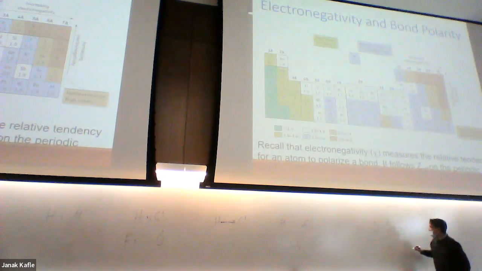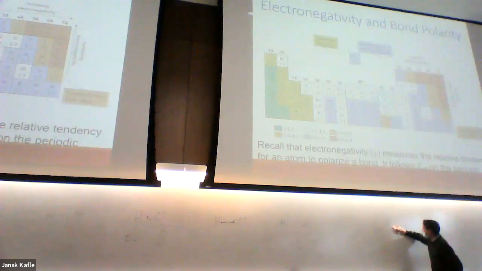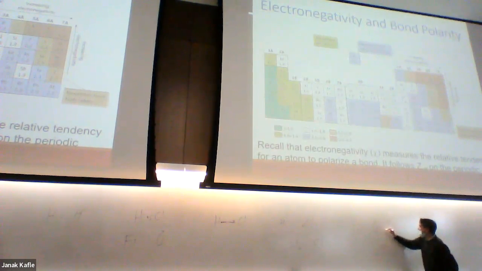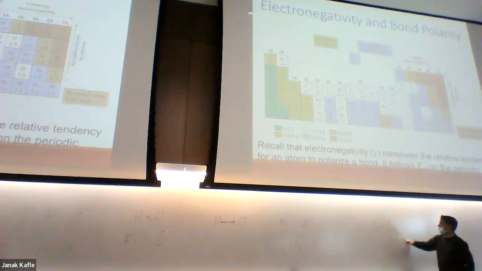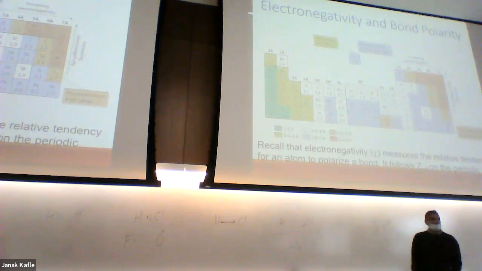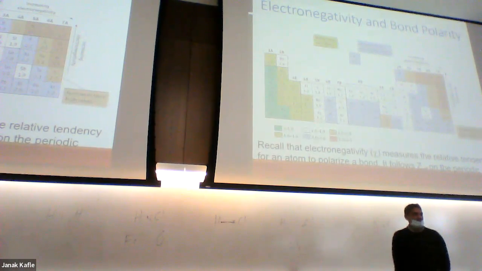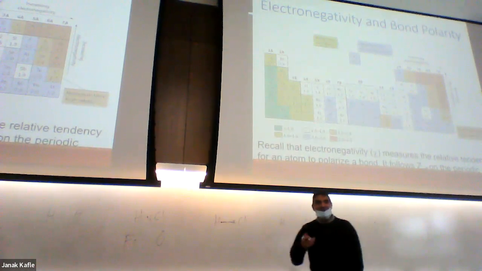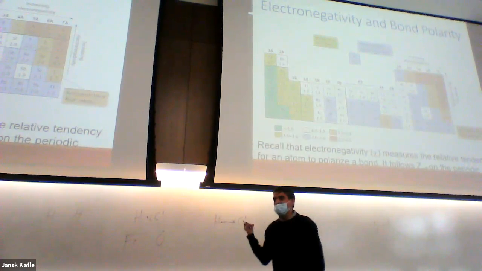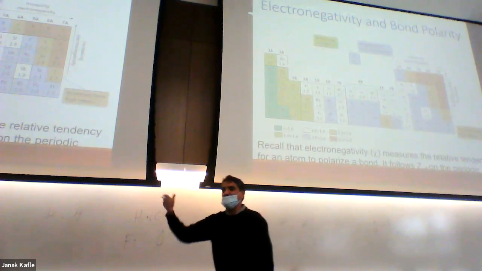Why that happens is because the shared pair of electrons here doesn't sit exactly at the middle, it doesn't sit toward hydrogen, it sits close toward oxygen. Same here, these negative charges sit close toward oxygen. So this has a tiny minus, this has a tiny plus. Everybody got that? We call it polarity, right? One end is a plus and another is a minus, meaning we have a polarity.